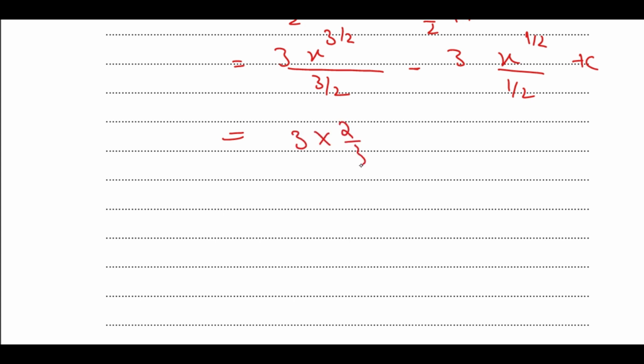That is 3 multiplied by 2 by 3 x to the power 3 by 2, minus 3 multiplied by 2 by 1 x to the power half, plus c, so it's equal to y.